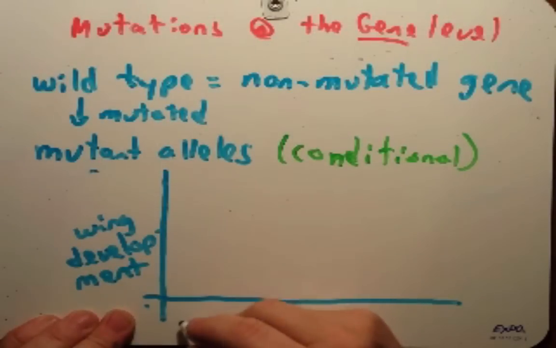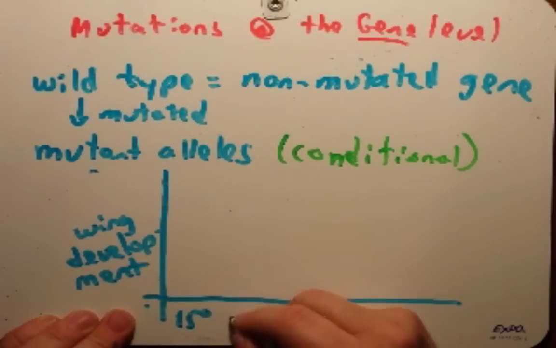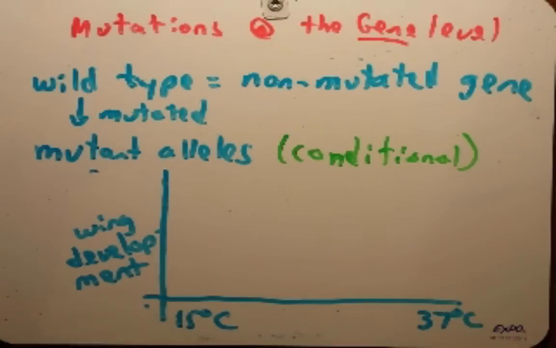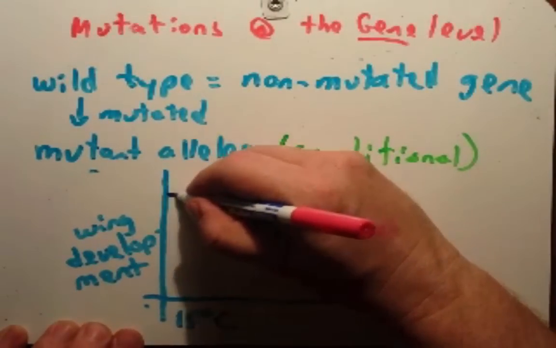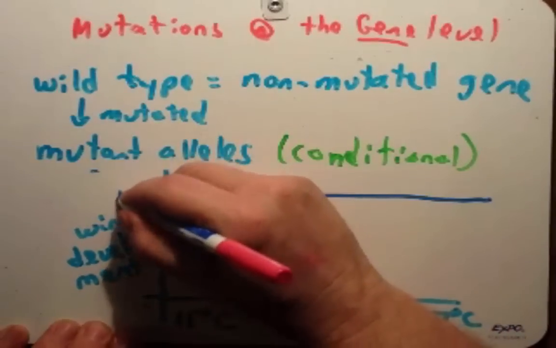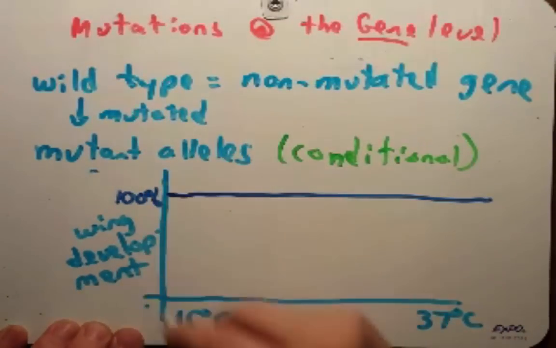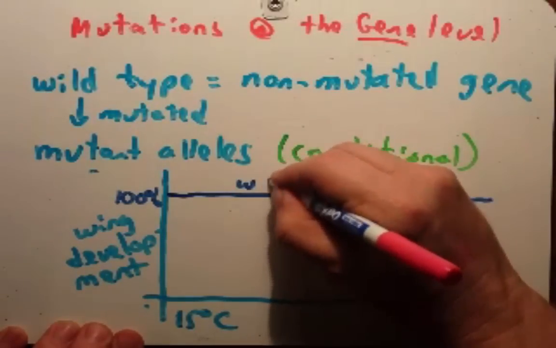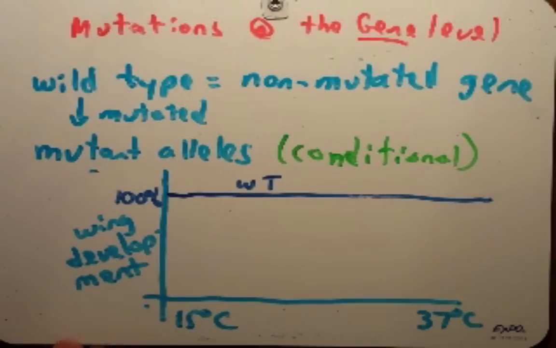And here we're going to go temperature. And we'll go from 15 degrees Celsius all the way to 37 degrees Celsius. And at a lower temperature in this particular mutant, well, first of all, let's draw wild type. Wild type is going to look like this, if this is 100%. Between 15 and 37 degrees Celsius, the wild type will form a wing.